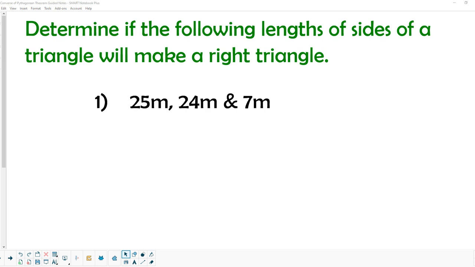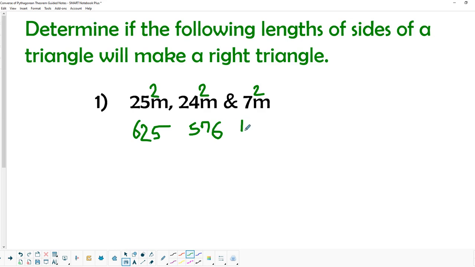So on a calculator, 25 squared is 625. So this would be 625. And that's if I square it. Then 24 squared would be 576. And 7 squared, I know by heart, that's 49.